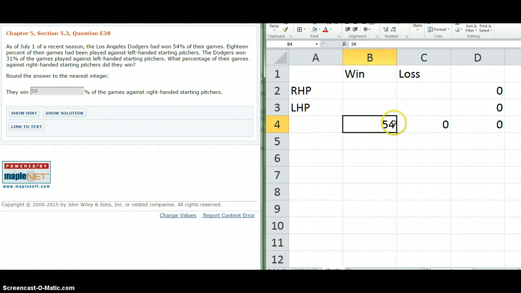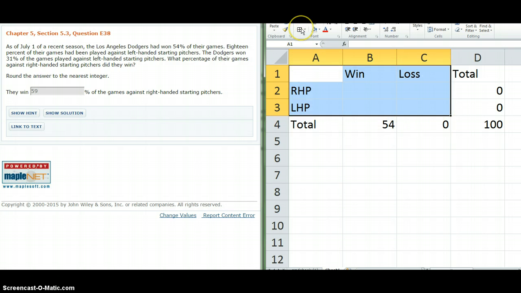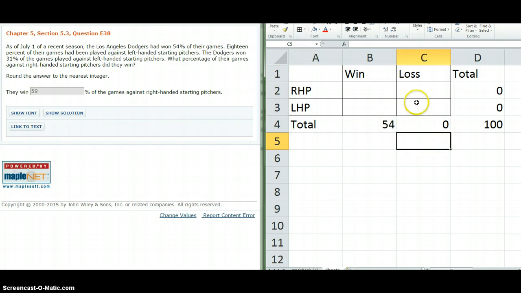So let's see, I just ruined my formula there, didn't I? That's okay, we will adjust the formula here in just a second. Okay, so these are the total column, and maybe I'll go ahead and label those here. And just for fun, let's put some grid lines in there.